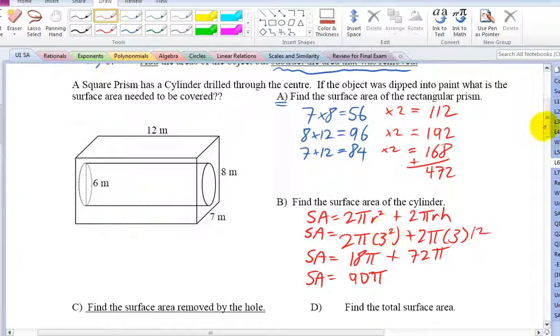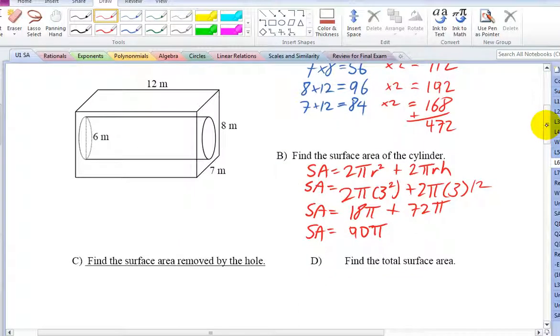Okay, C. Find the surface area removed by the hole. So what was removed? In order to go through the cylinder, what would you have to take off of this end? The circle. In order to go through the rectangular prism, what would you have to take off? Another circle. What about the other end? In order to go through the cylinder, what would you have to take off?